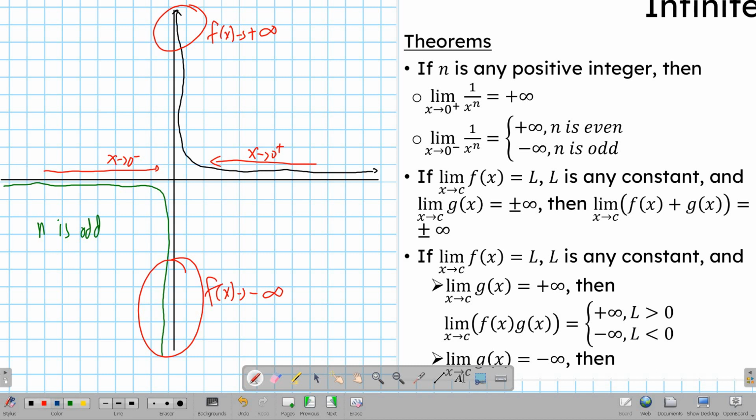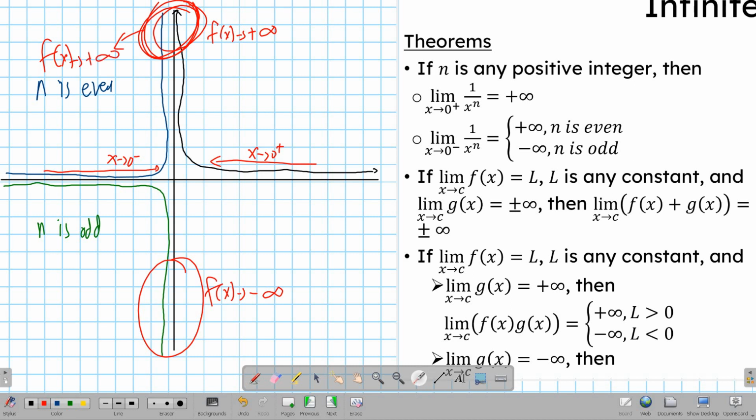However, if we have 1 over x raised to n where n is even, the curve would usually look like this. It would be on the second quadrant. As the x values go towards 0 from the left, the f of x values would approach positive infinity.